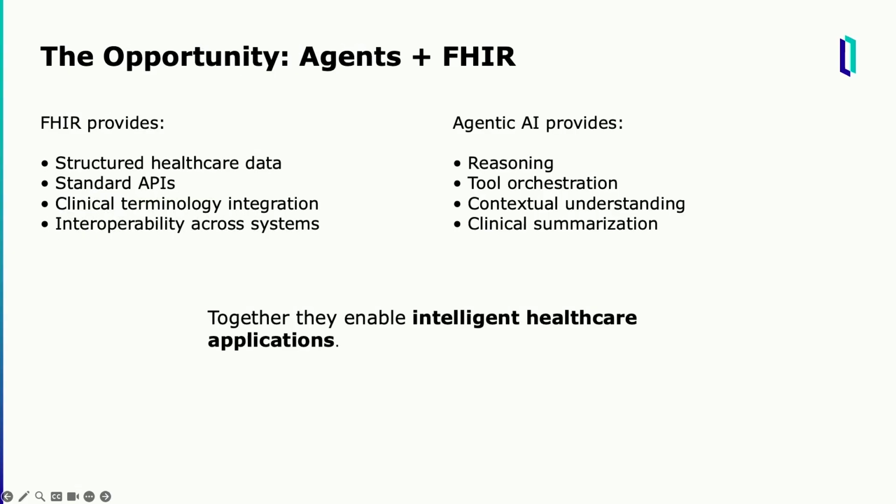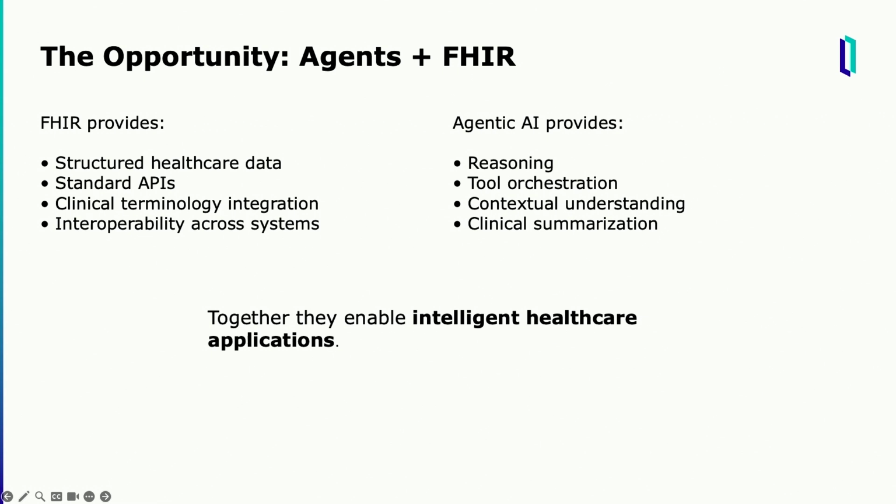So this is where the fit between agents and FHIR becomes clear. FHIR gives us structured clinical data, standard APIs, and meaningful resource relationships. Agentic AI gives us reasoning, orchestration, and the ability to work across several tools in a sequence.